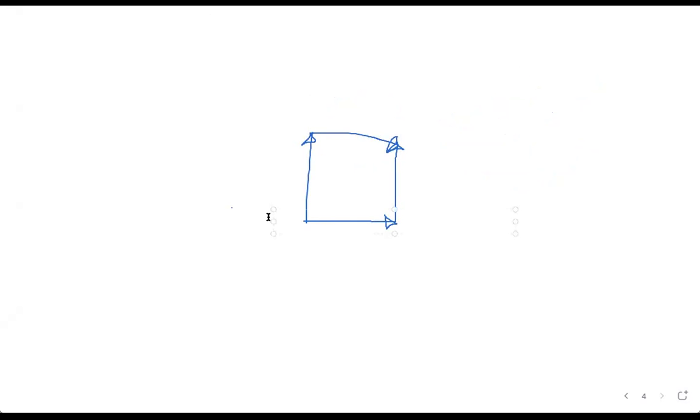Then we have an initial point, x, y, and each of these lengths on this square are some differential distance dx and some differential distance dy. Over here it's x plus dx, y plus dy.